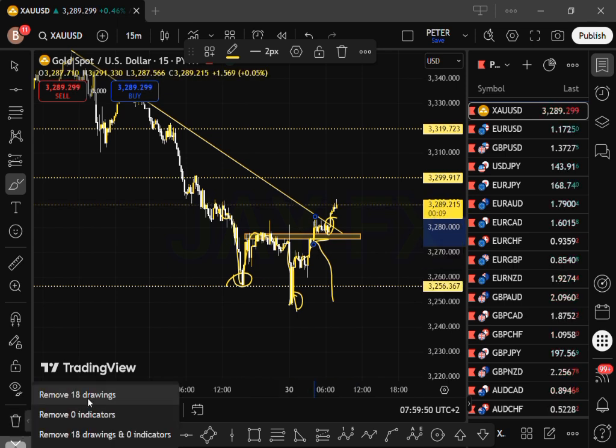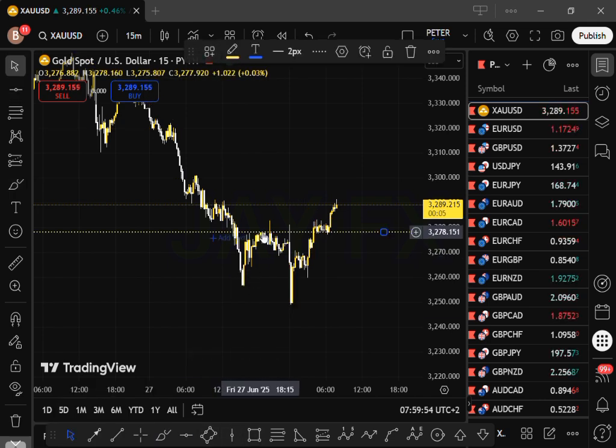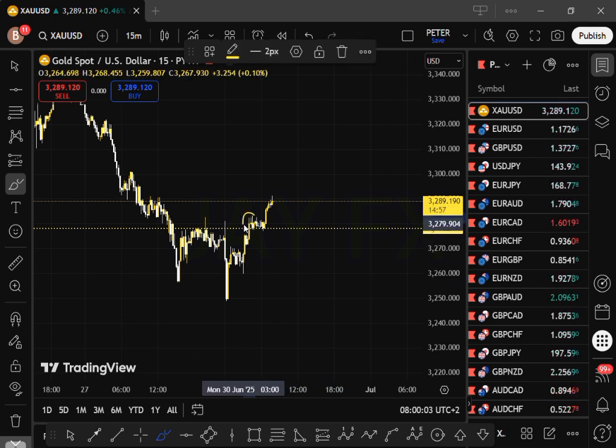So now, after breaking there, after breaking here, what happened is that our gold managed to give us this candle. What is it? This is called a bullish piercing.